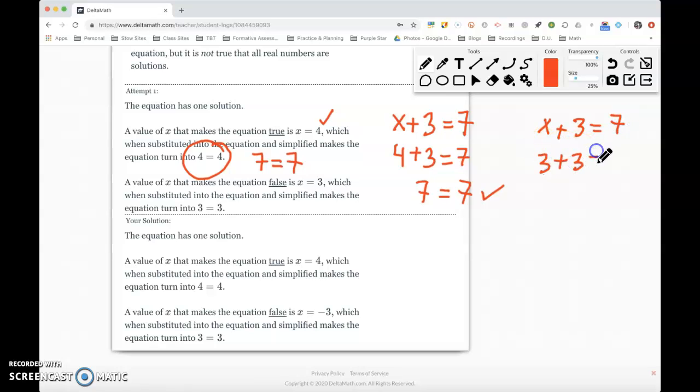This is the step that you're doing, not in the computer, and then you see that 6 is not equal to 7. So this is the statement that proves that it is false. 6 is not equal to 7, and that's what you would type in here instead of the 3 equals 3.